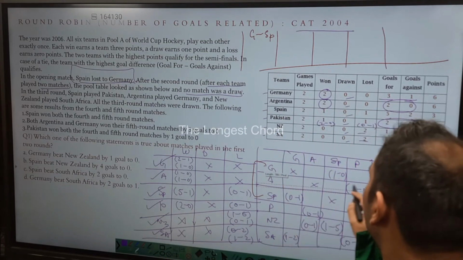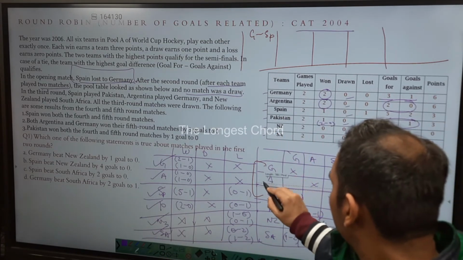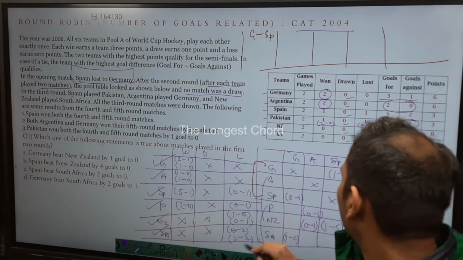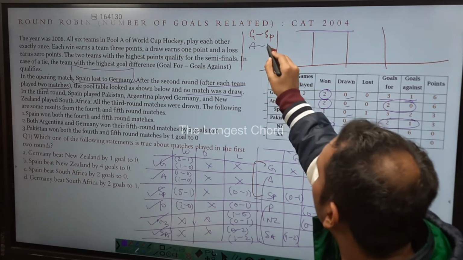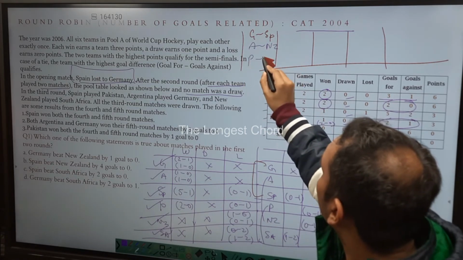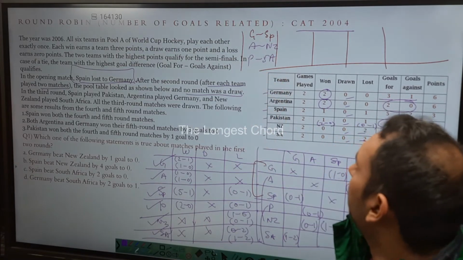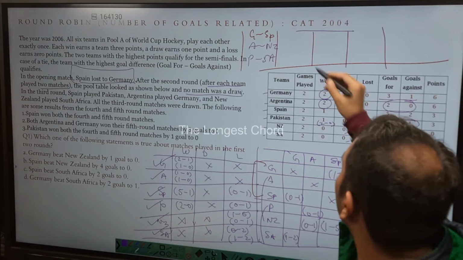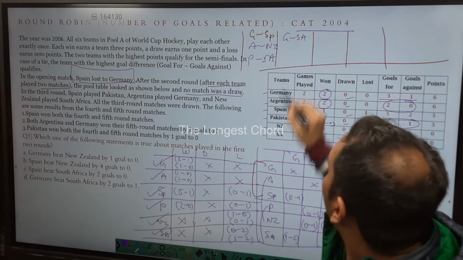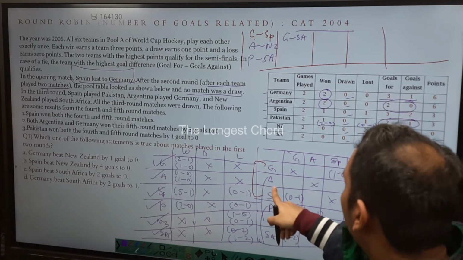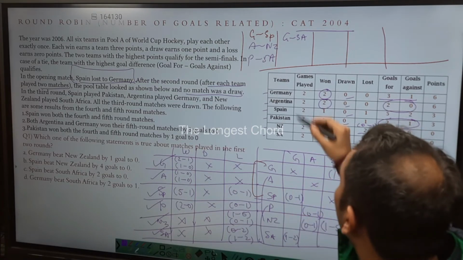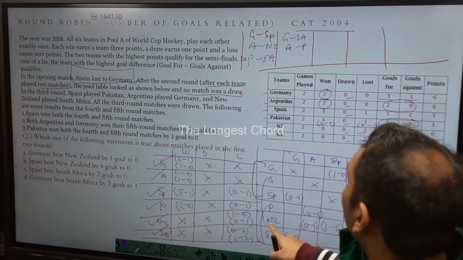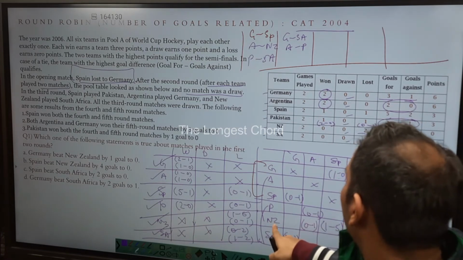Let's A we take against New Zealand, and P we take against South Africa. So A against New Zealand and P can be taken against South Africa. Now the remaining matches we can just put in the second round. So we can say G, the other match is South Africa, and we can say that A, New Zealand is already done, so A is matched with P, and the remaining two teams is New Zealand.